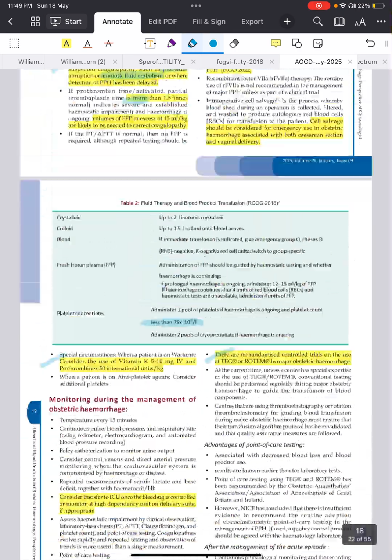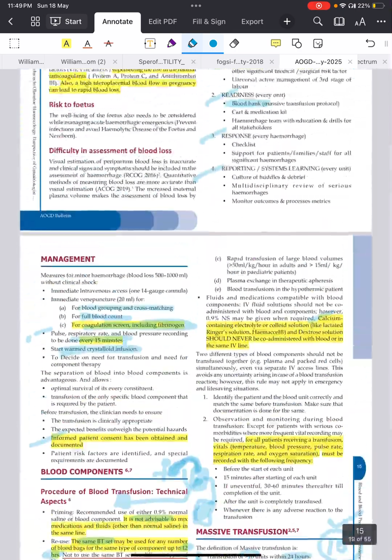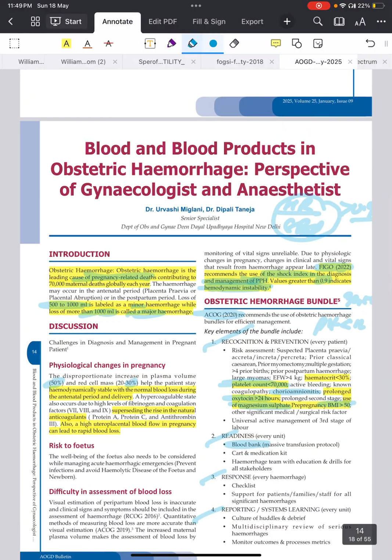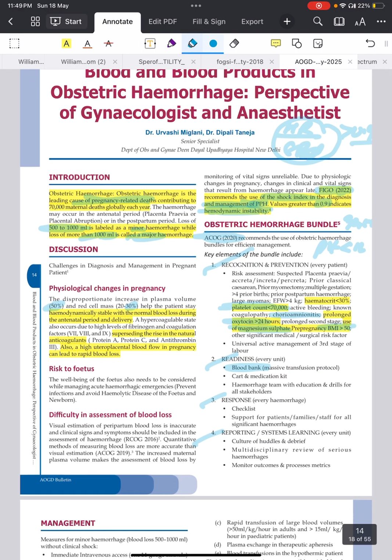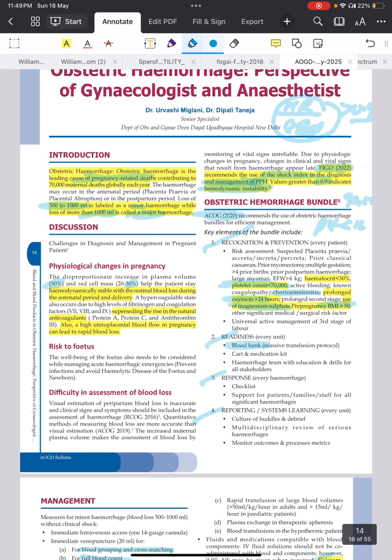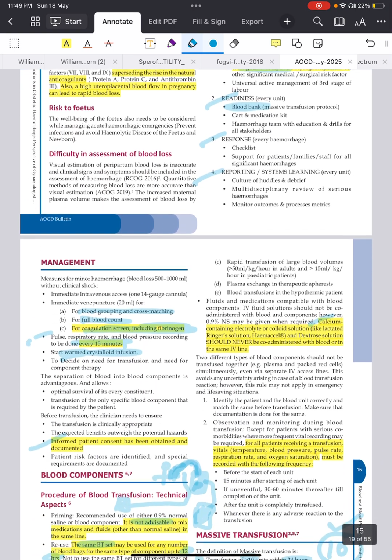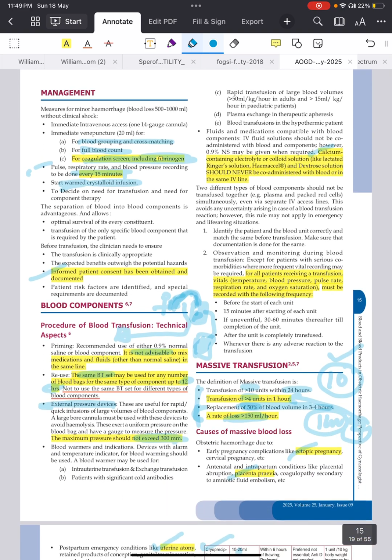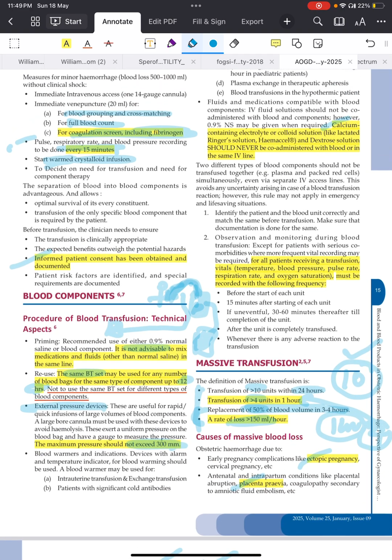Okay, so this is the second topic in this bulletin, that is blood products. I felt we should discuss this. We should find out what the risk factors for hemorrhage are. We should manage that, and some important topics like when to use which BT set and all.